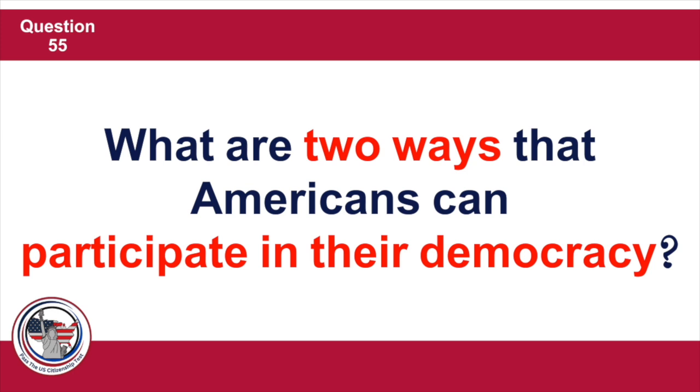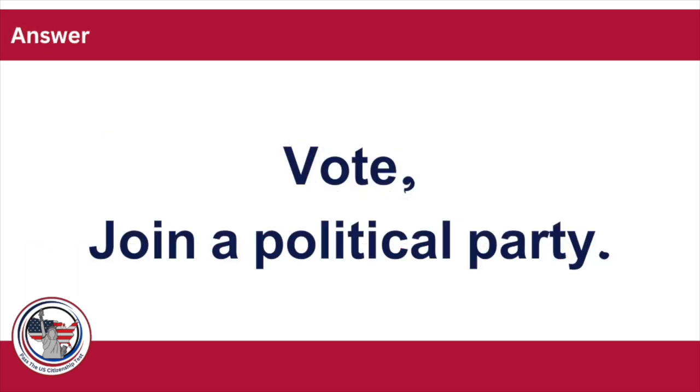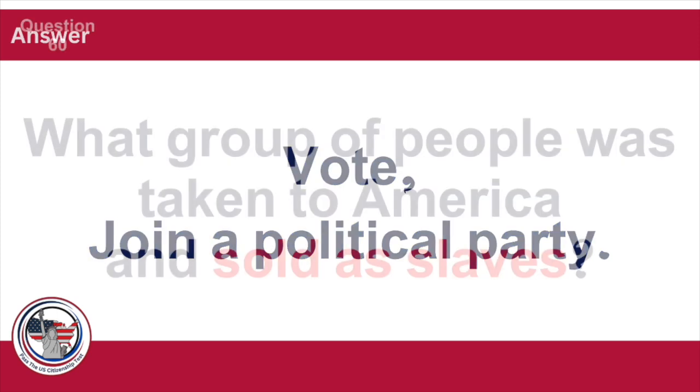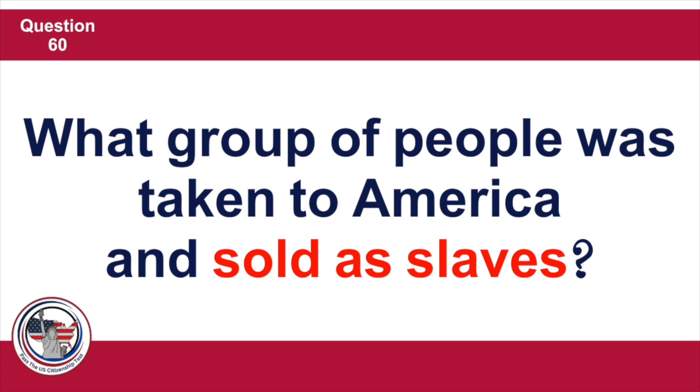What are two ways that Americans can participate in their democracy? Vote. Join a political party. What group of people was taken to America and sold as slaves?